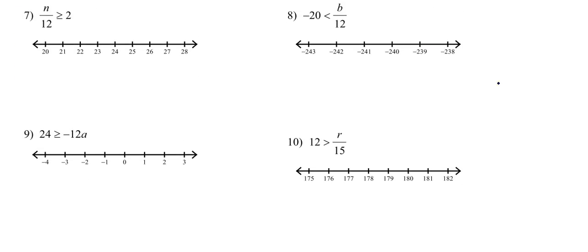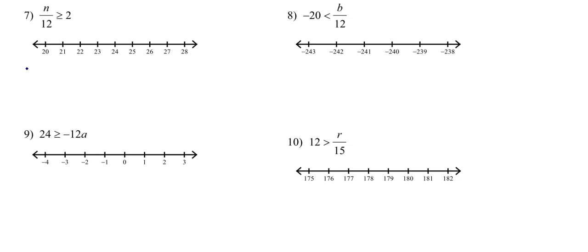Let's look at number 7 here. We've got n divided by 12 is greater than or equal to 2, right? And this is why it's important to be able to read algebra problems, because once you think to yourself n divided by 12, you immediately know your inverse operation of division is multiplication.